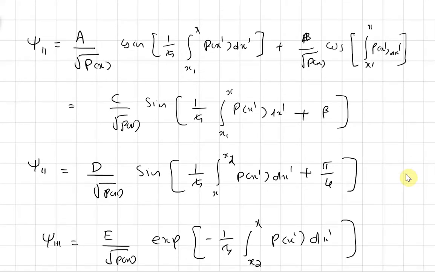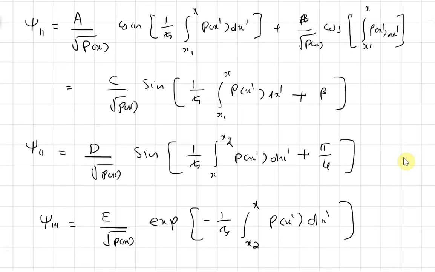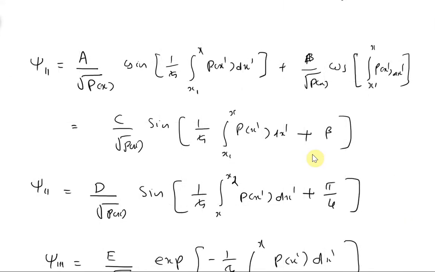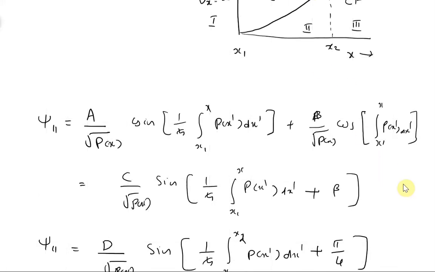Now I have to find out this quantity first, what this beta corresponds to. What we have to do is find out the quantization rule here. What is the quantization rule coming in this particular case?